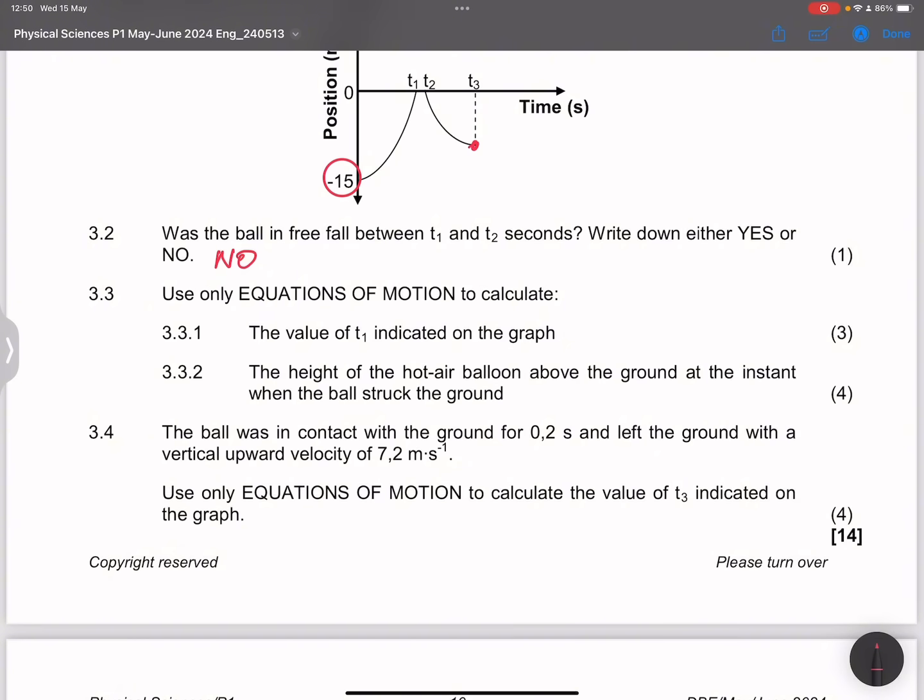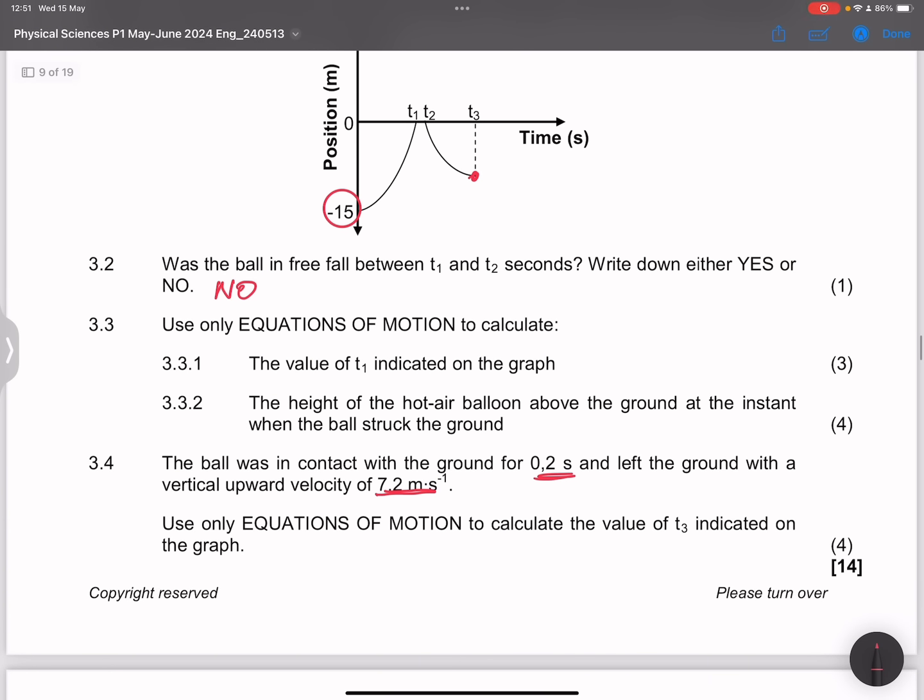They say the ball was in contact with the ground for 0.2 seconds and left the ground with a vertical upwards velocity of 7.2, right? They say use only equations of motion to calculate the value of T3 indicated on the graph.